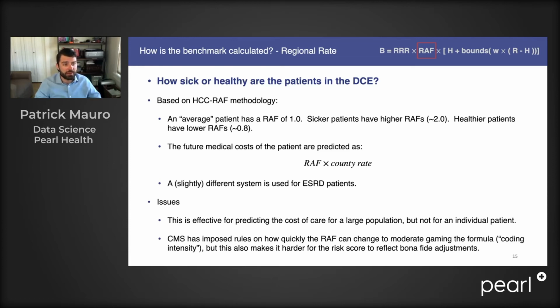They're going to be coding more correctly, and there might just naturally be an increase in the risk score as a result of this. And so they're acknowledging the pitfall of their coding intensity regulations. So, we think that our providers ought to be coding patients for exactly the illnesses for which they have, and we think that's how their care amount would be most accurately reflected in the benchmark.